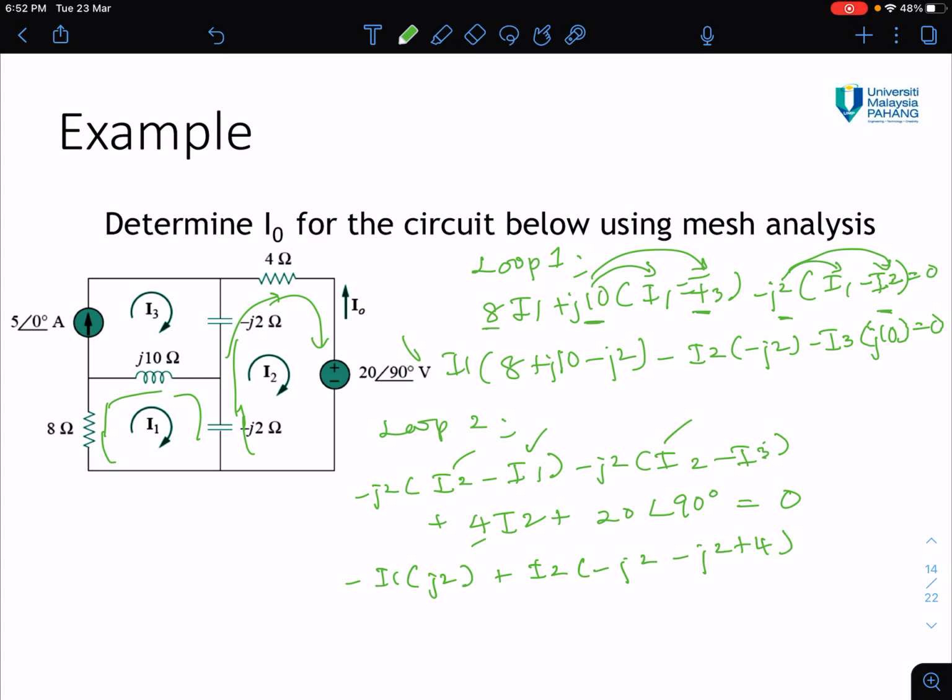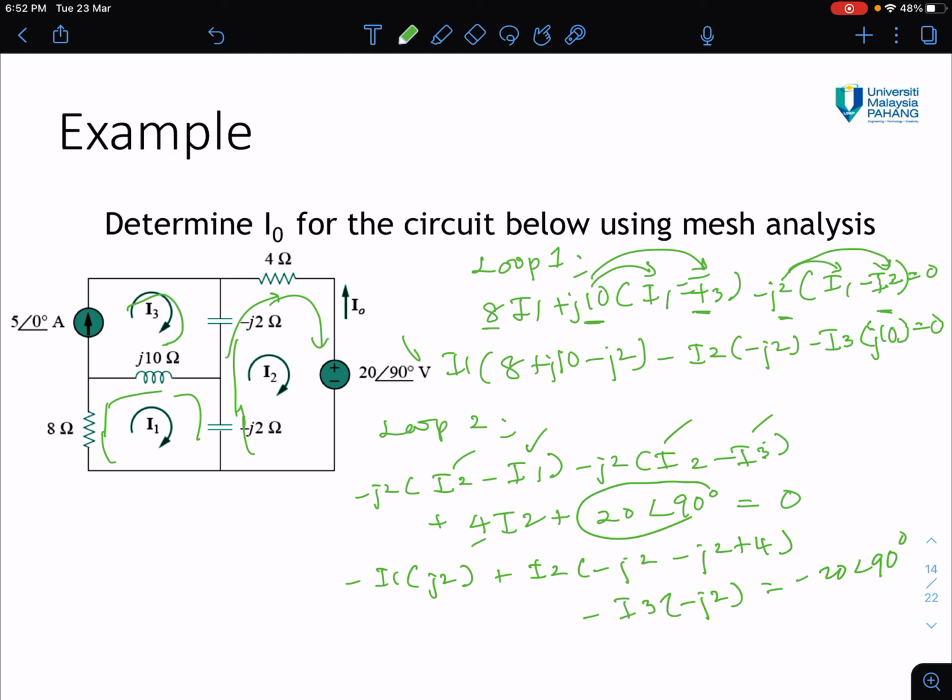For I3, we have only one element, which is negative j2 I3. Then I need to move this part to the other side: negative 20 at 90 degrees. So we have finished loop 2.